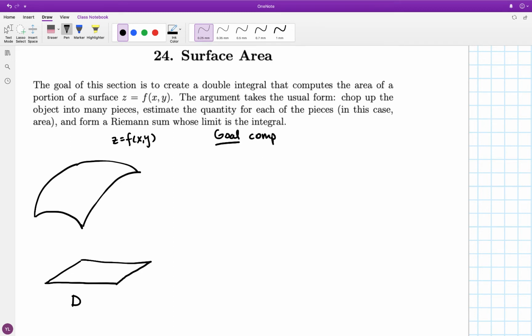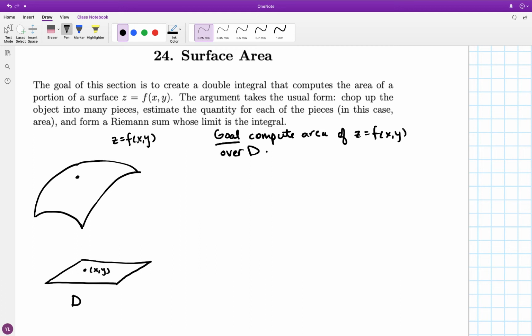And we're going to go through sort of the usual production of an integral formula, which involves chopping up the object that you're trying to measure into a million pieces and then estimating the quantity on each of those little pieces, and then adding it all back up with the Riemann sum, taking a limit, and producing an integral formula. So let's go ahead and fix a point on the surface.